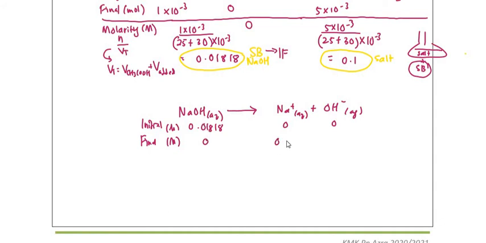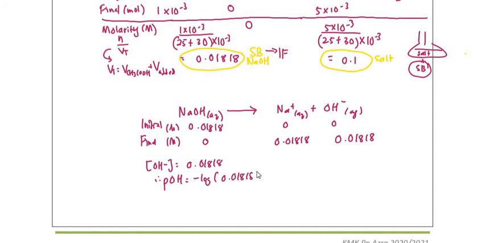This will become 0.01818, also 0.01818. So here the concentration of OH minus is 0.01818. Thus pOH equals negative log 0.01818.